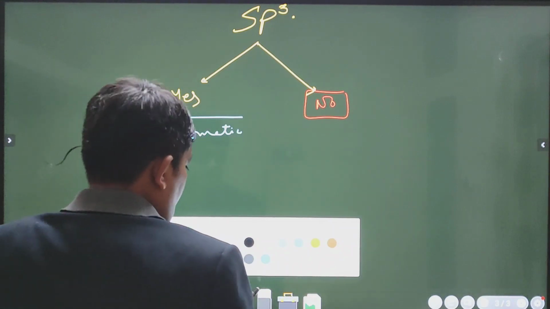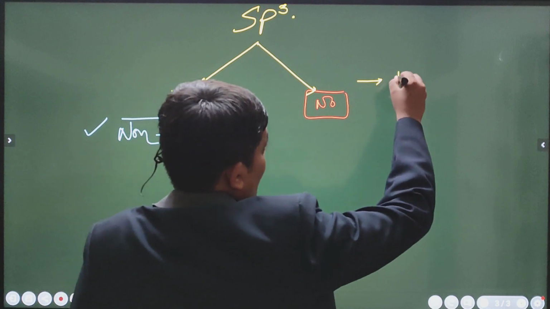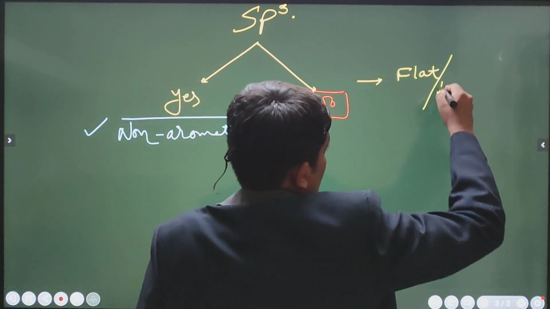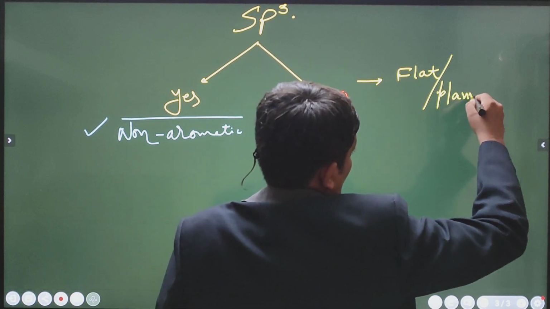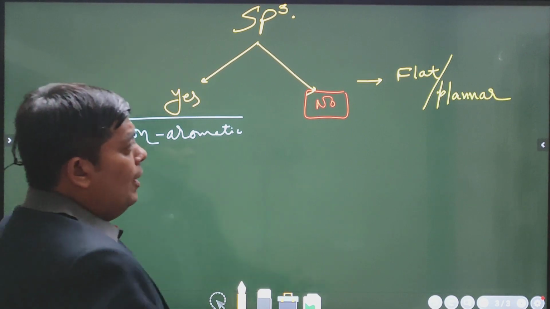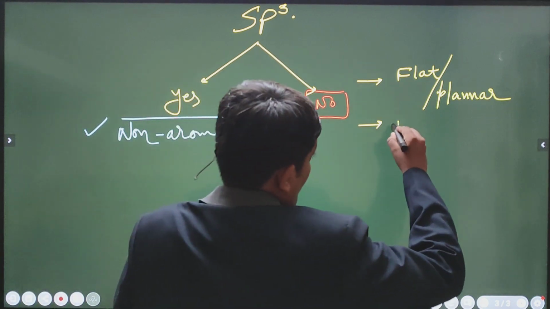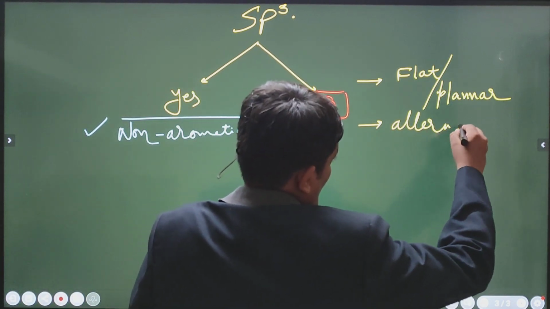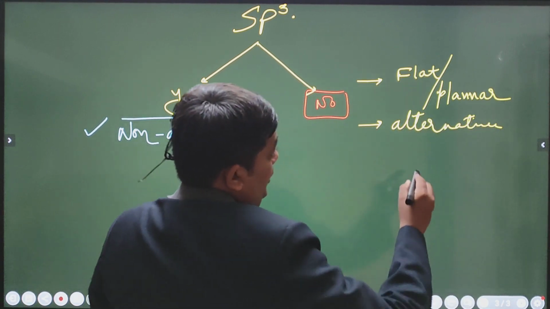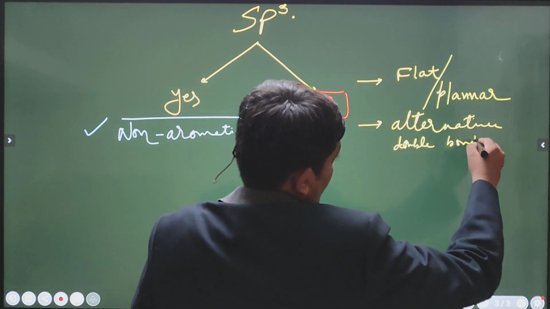But if the answer over here comes no, then what are the minimum criteria it should obey? The first and the foremost criteria is that it has to be flat. In other words, what we just now deduced, it has to be planar. Above being planar, it has to have alternate double bonds.